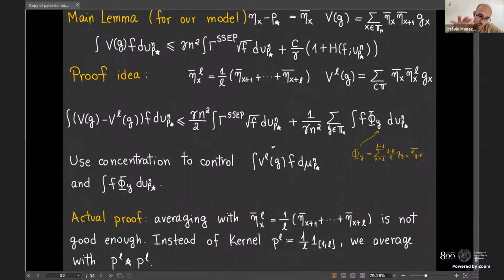So this two-step inequality, which is averaging and then concentration, it works on our model if you choose the right kernel, the right way of averaging. It doesn't work in general situations where your product measure is spatially inhomogeneous. Then you have to do some more work and do some extra inequalities.